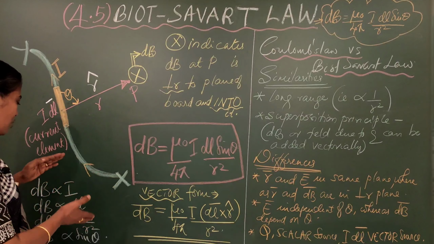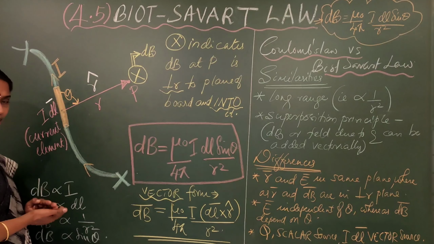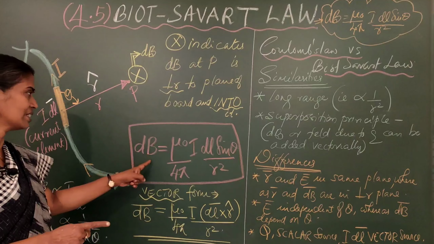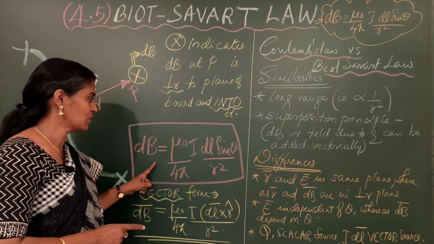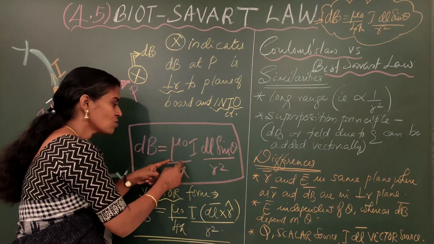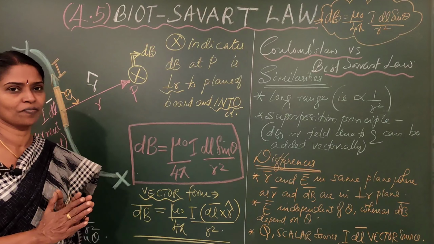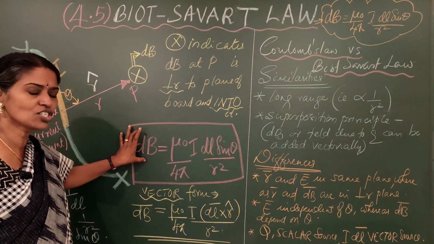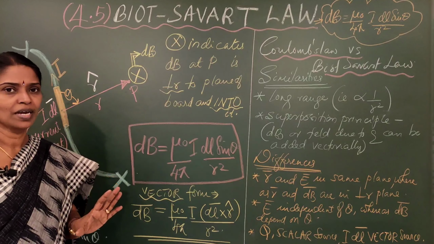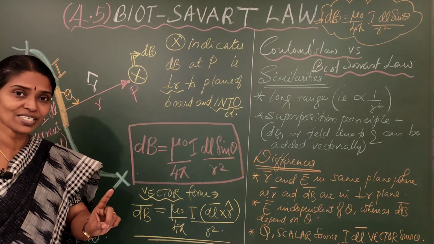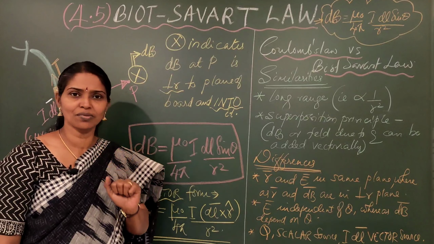And you can summarize all the 4 steps into a single step, that is dB is equal to a constant mu 0 by 4 pi, times I dl sin theta by r square. So this is the magnitude of dB. And what is the direction? dB is for sure a vector quantity.